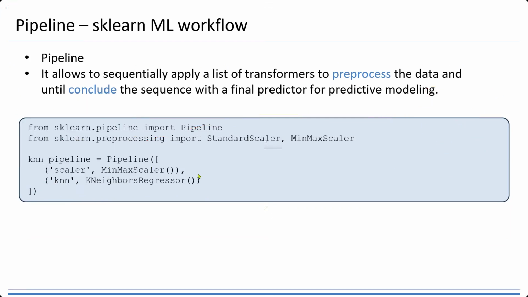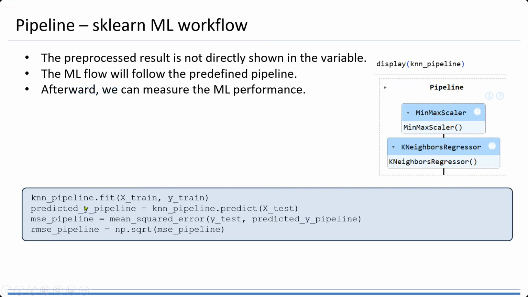Once you have this pipeline, sklearn will understand. You will use this pipeline to fit the training data, and then you can do the prediction based on the pipeline, and you can measure the performance using the mean square error. And you get the RMSE by taking the square root of the pipeline MSE.